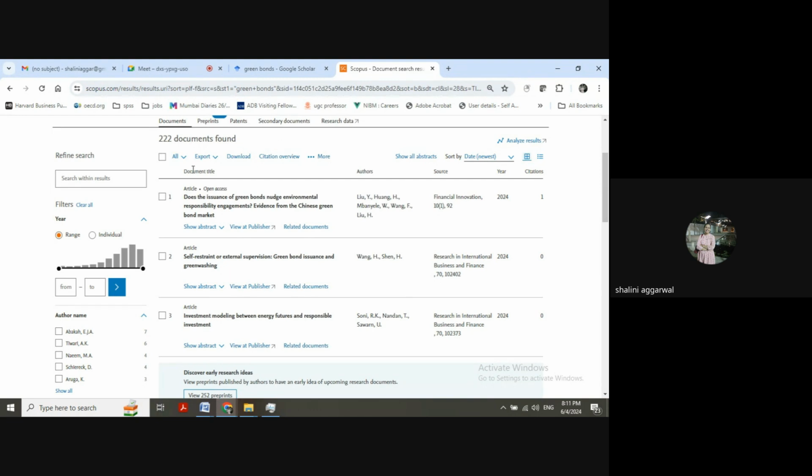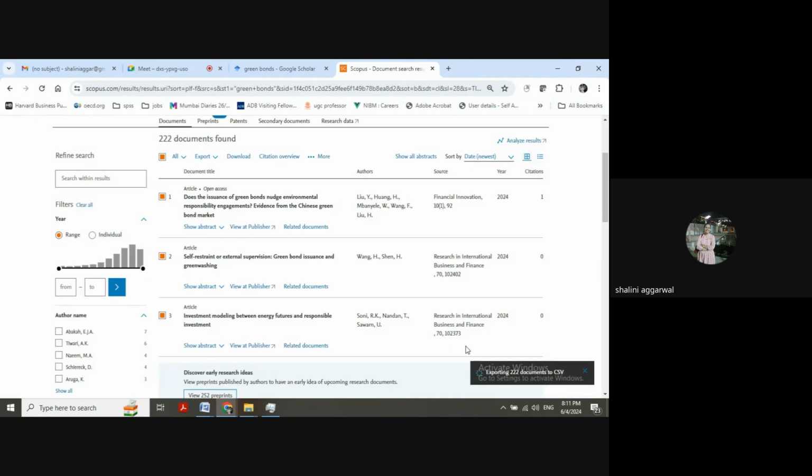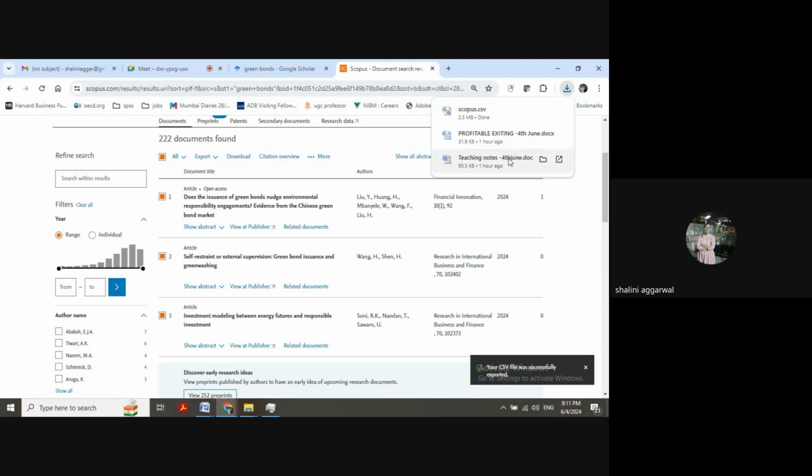Now export all these documents in a CSV file and read it. Scopus and Web of Science are a wonderful creation, because you can read at least the abstracts of all of these.